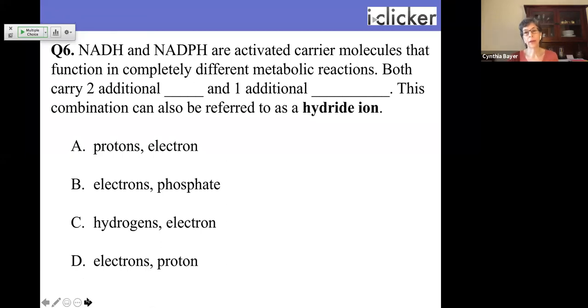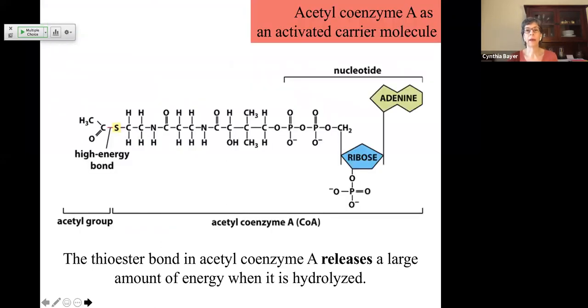And we have another activated carrier molecule that we'll be describing. Again, we don't need to memorize or be able to draw the structure, but notice this common theme of this molecule, acetyl-CoA, acetyl coenzyme A. Part of it is another nucleotide, an adenine nucleotide with this very long carbon, nitrogen, oxygen chain.